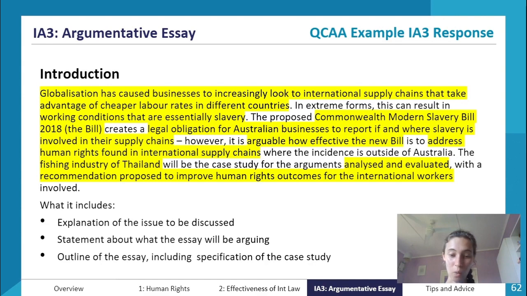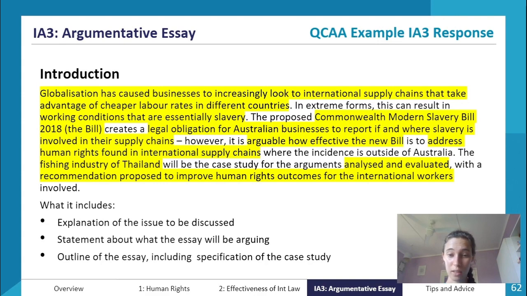You're stating what the essay will be arguing. So, for example, here you can see it is arguable how effective the bill is to address human rights in supply chains. So then outlining the essay as well, including specifying what the case study is.